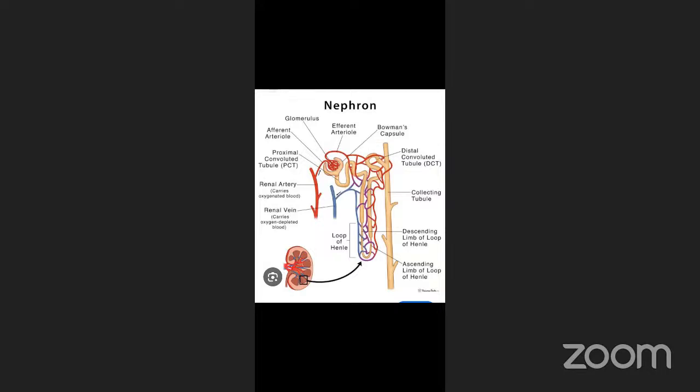All glucose, and you can see I'm saying all glucose, not just glucose, neither am I saying some glucose. All glucose, all amino acids. Those two substances, all of them are reabsorbed at the proximal convoluted tubule.